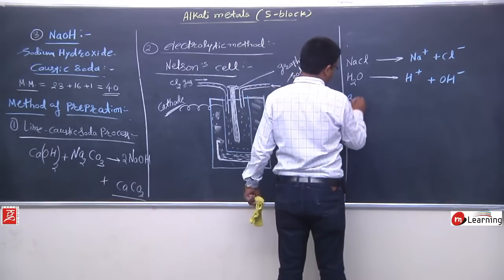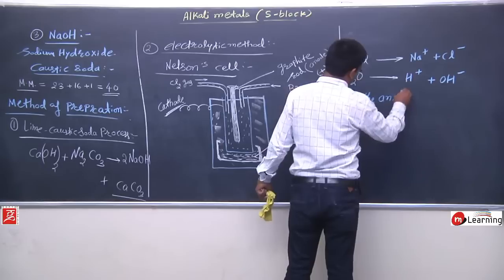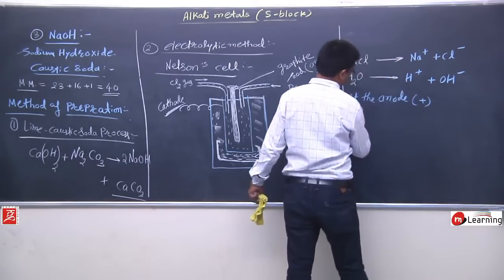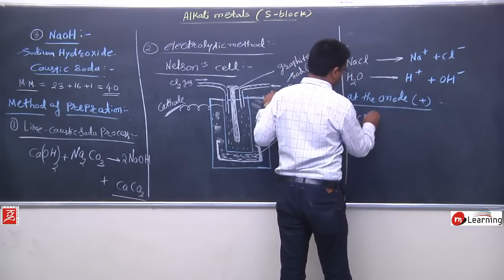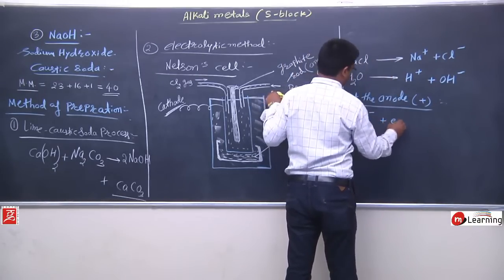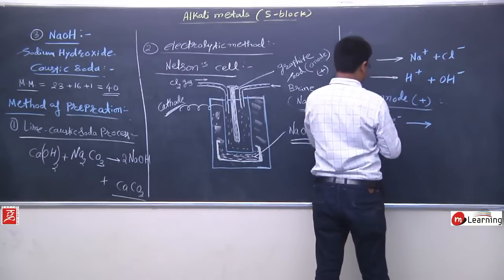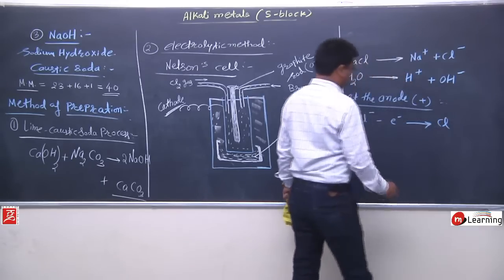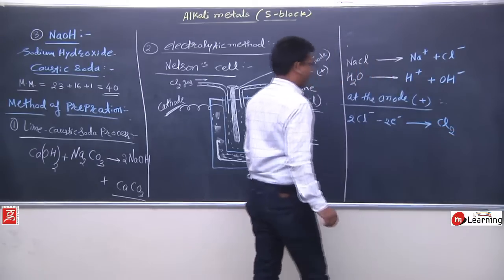At the anode point, the positive point, negative Cl ions lose electrons and are converted into chlorine, Cl2.